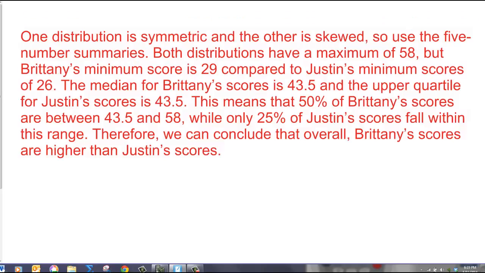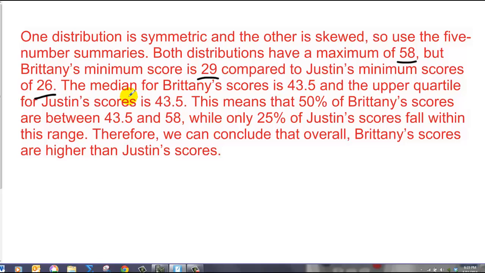Since that one distribution was symmetric and the other was skewed, once again we use the 5-number summary or box and whisker plot to compare. We noticed that both distributions had a max value of 58, and Brittany's score had a minimum of 29 compared to Justin's minimum of 26.